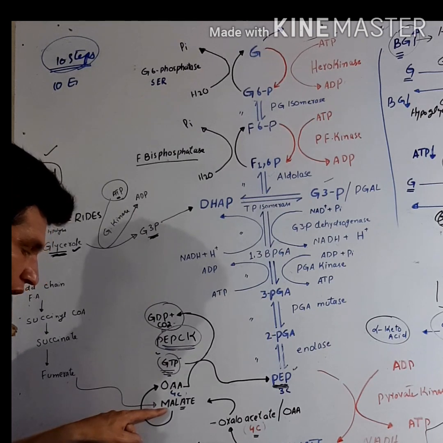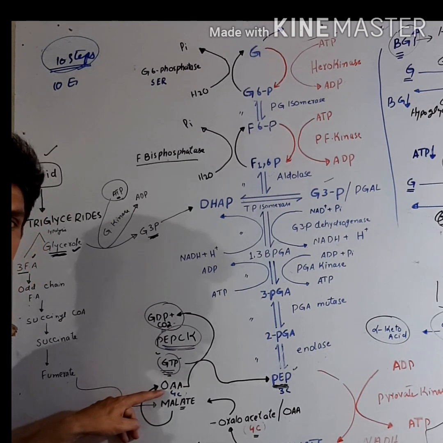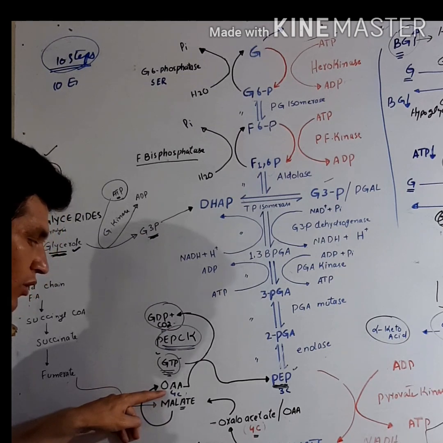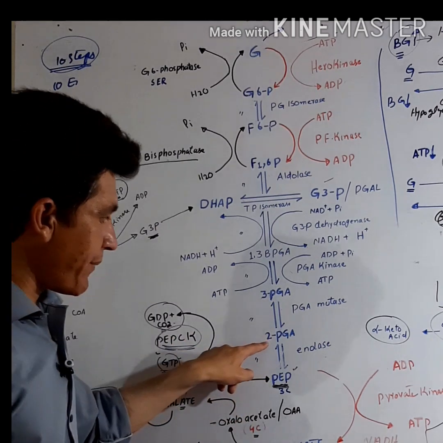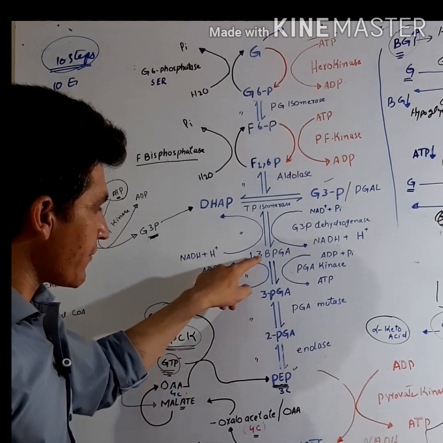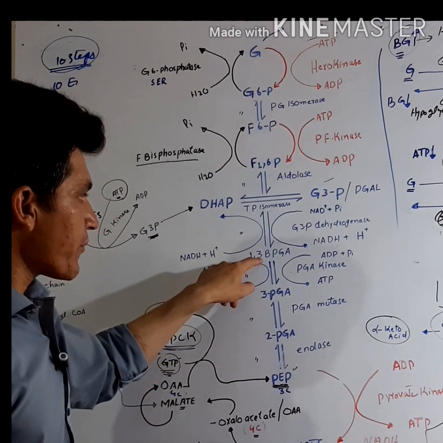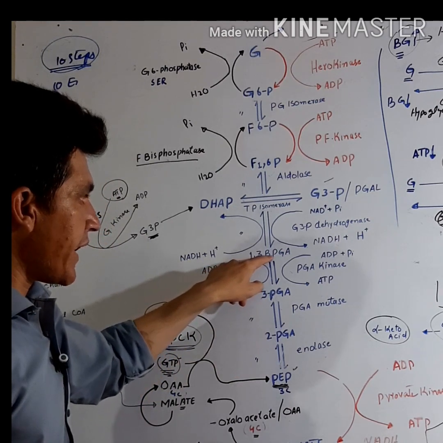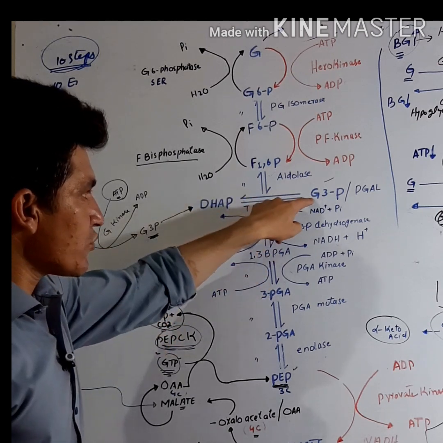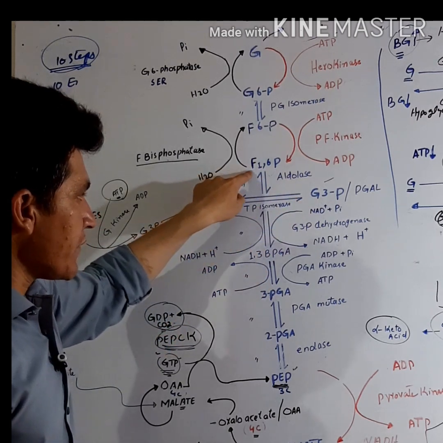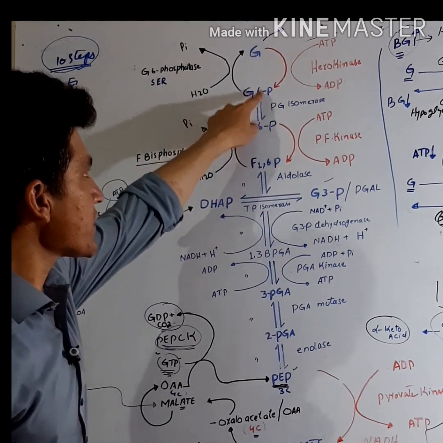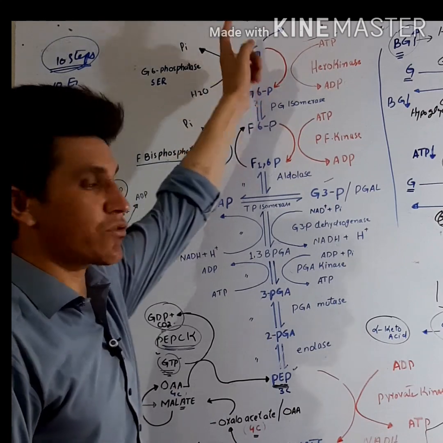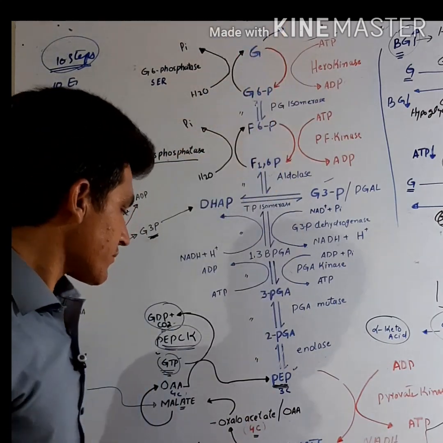It leaves the mitochondria, comes out into the cytoplasm, then converts back into oxaloacetate, which converts into PEP, and PEP into 2-PGA, 3-PGA, and then 1,3-bisPGA, then into G3P, then fructose 1,6-bisphosphate, fructose 6-phosphate, glucose 6-phosphate, finally to glucose, which moves into the blood.